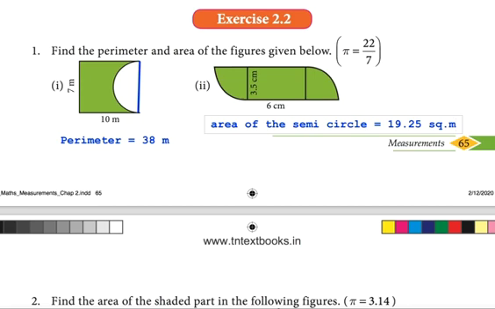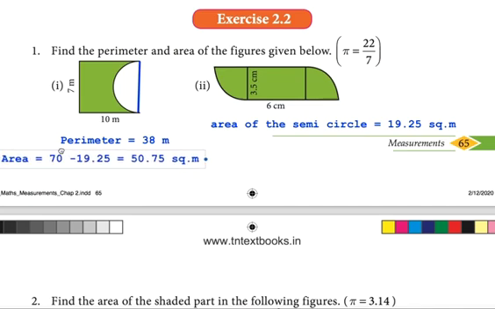So I am going to write the overall area of the figure shown. Area is nothing but 70 minus 19.25, nothing but 50.75 square meter. Units are always important.